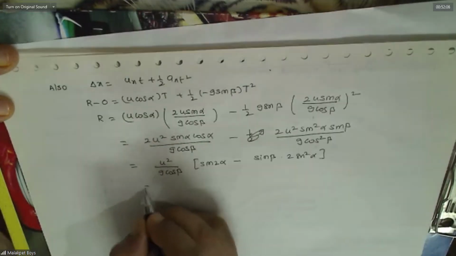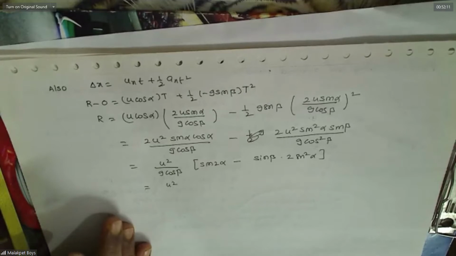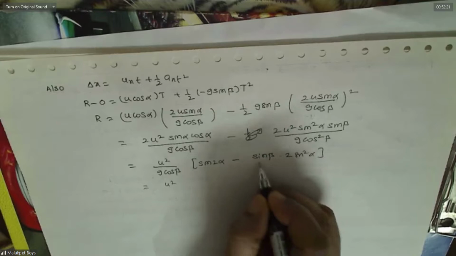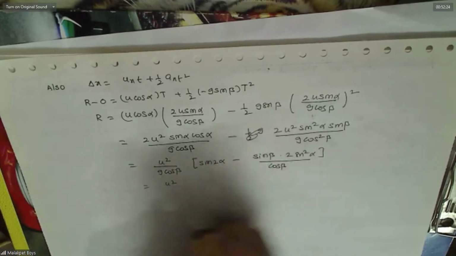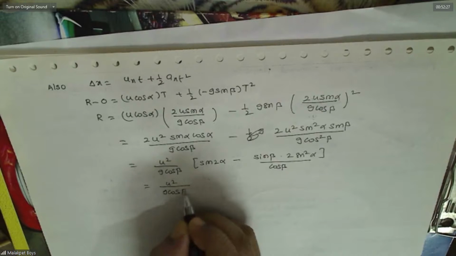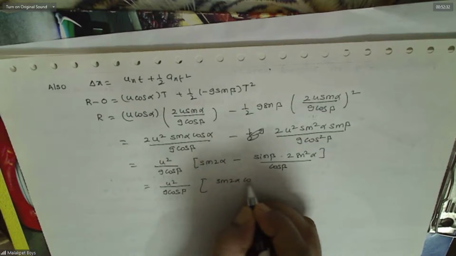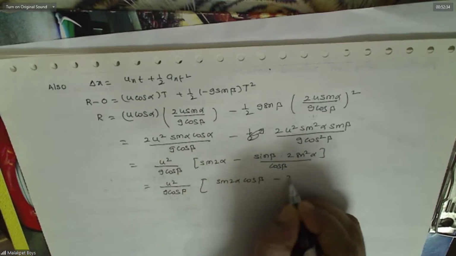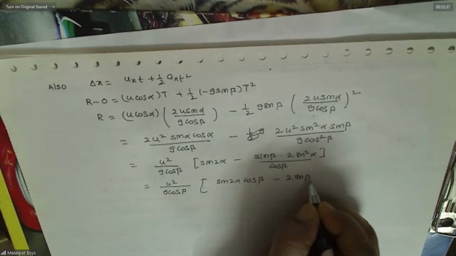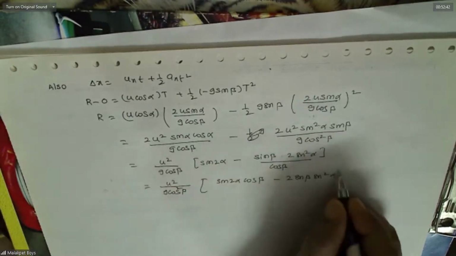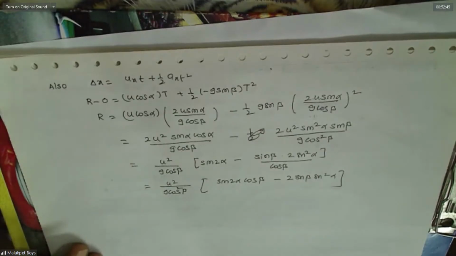Agree? Any doubt till here? Yes, sir. Sir, there will be one more cos beta, no? That's why I kept it here, no? Yes, sir. We'll take that cos beta outside. Can you take it like this?